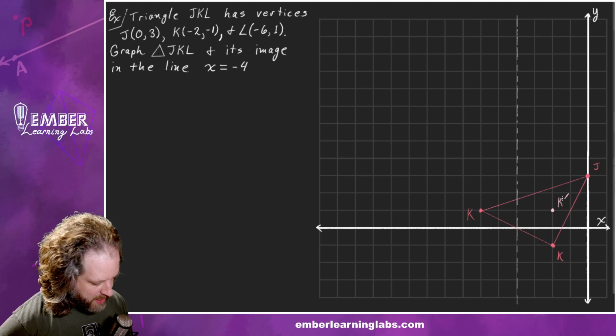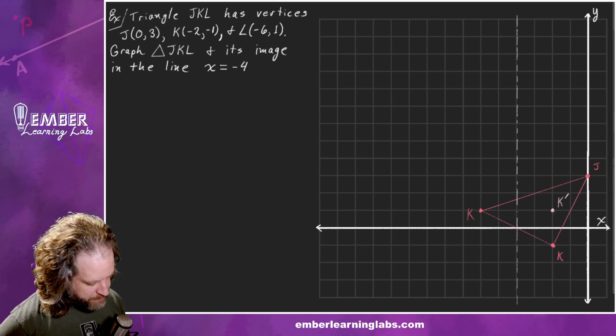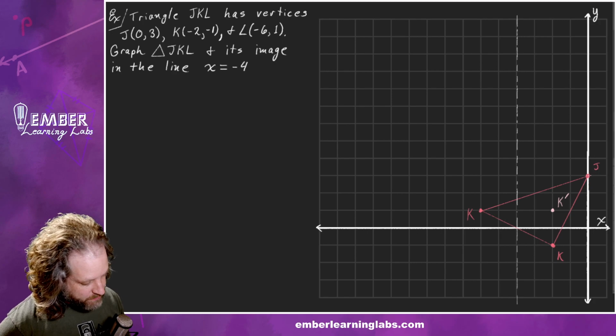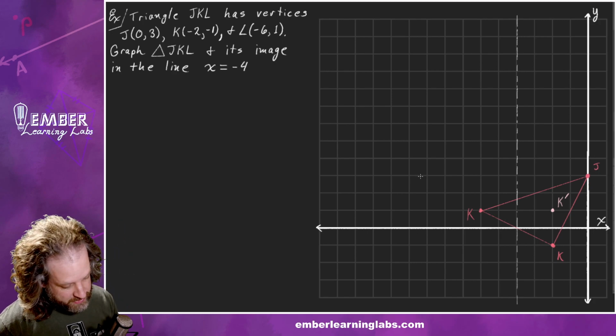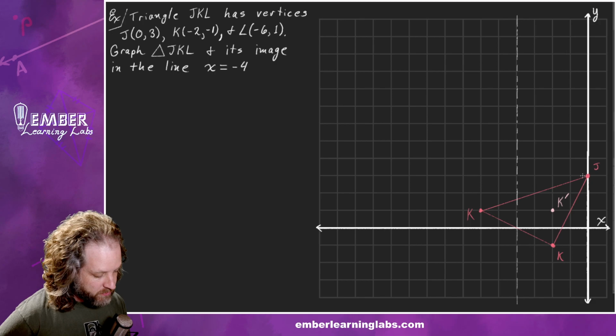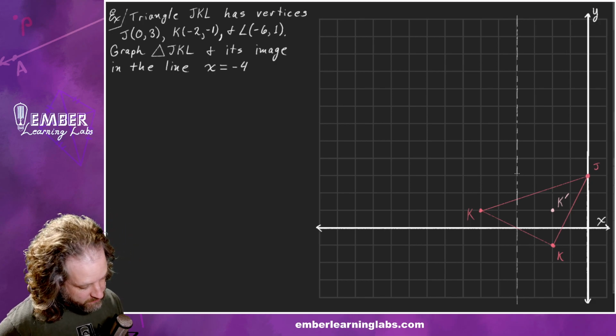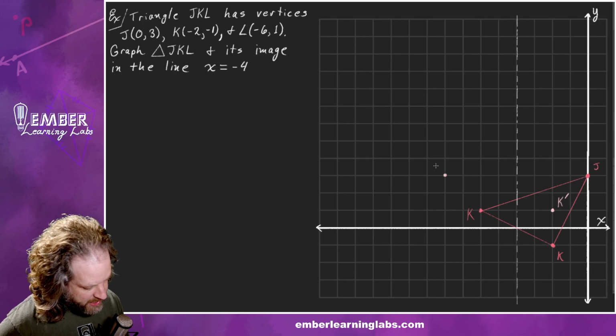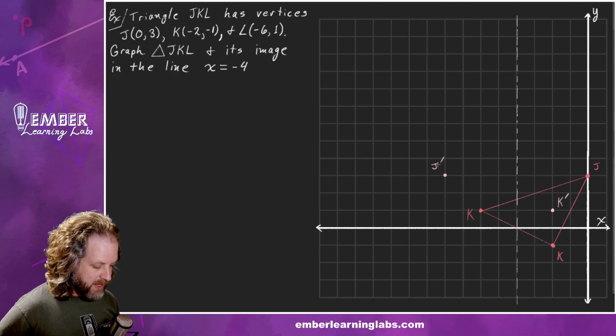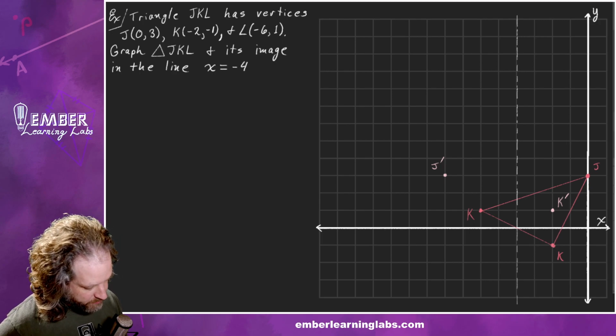So K prime is how we would say that. So there's K prime. Now if I reflect this J over this axis, then it was 4 over there, and so it's going to be 4 this way. So 1, 2, 3, 4. So J prime would be over here. All right. Same idea with K prime. It was 2 over, and we're going to reflect it 2 over.